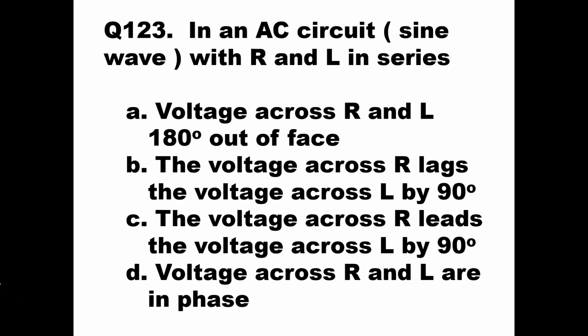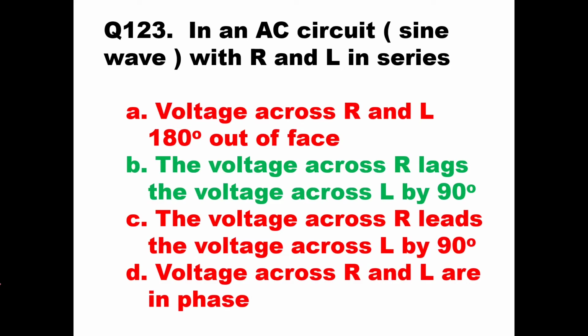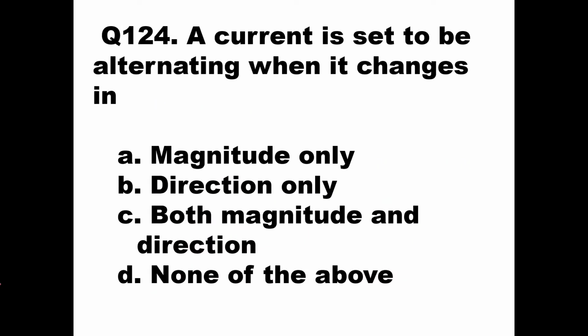That means the voltage across L leads the voltage across R by 90 degrees. So statement B is correct. The voltage across resistance lags the voltage across inductance, or in other words, the voltage across inductance leads by 90 degrees as compared to the voltage across resistance. Clear? So here statement B will be the right one. Then we'll go to the next question.